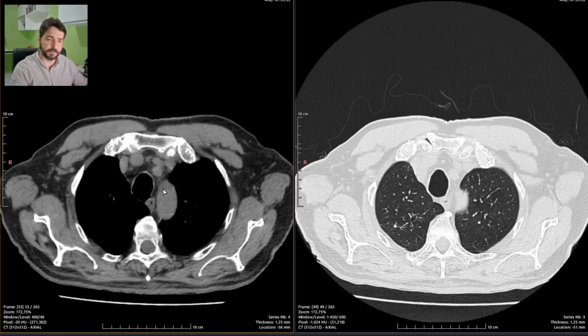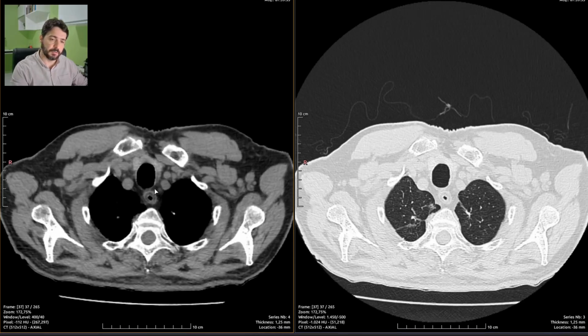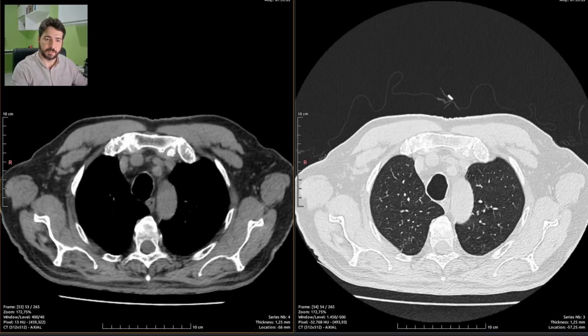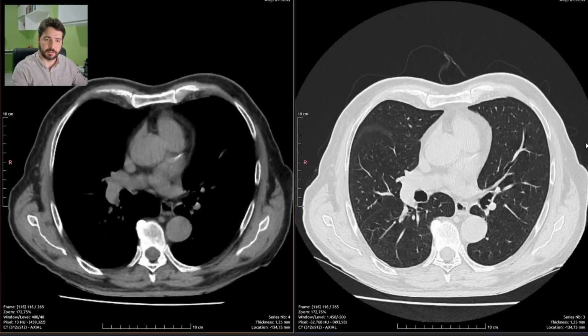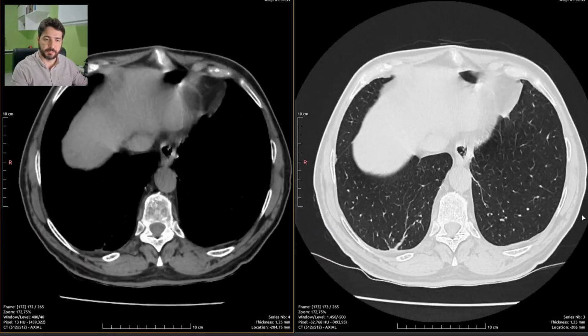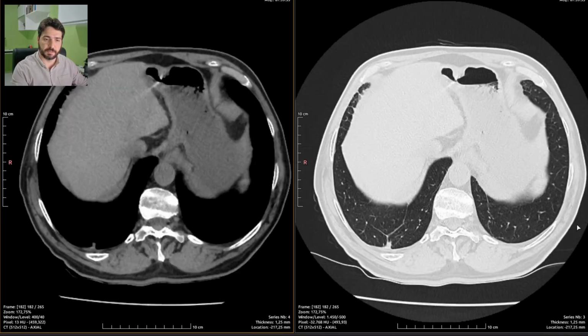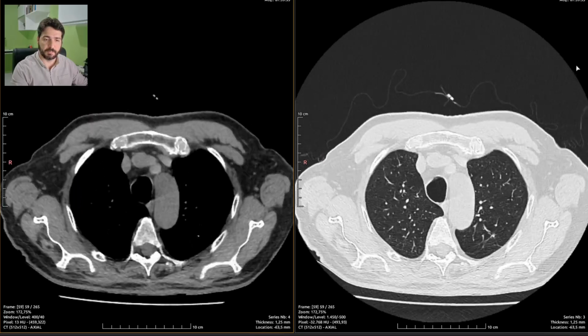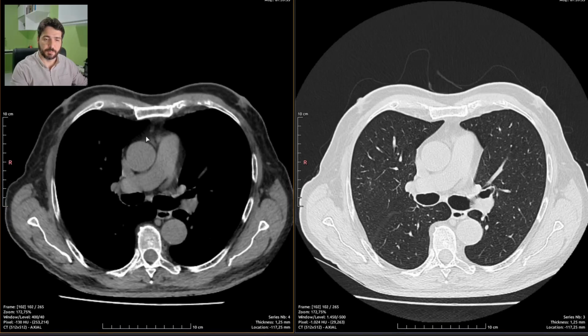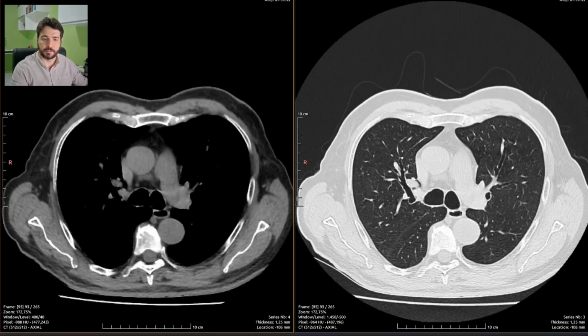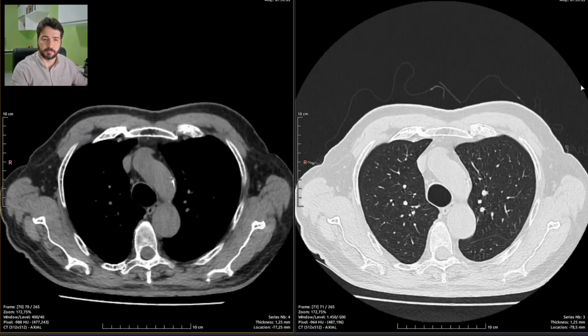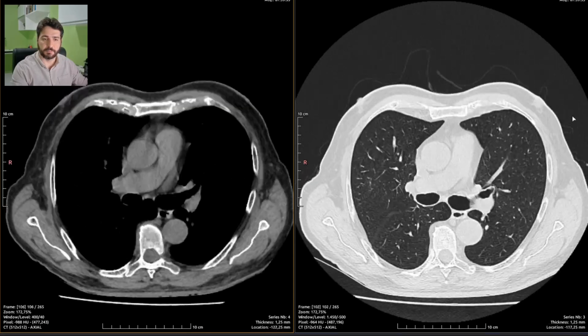Also, we have to follow the esophagus, see if we have anything suspicious about the esophagus. It seems the esophagus is quite fine. Pulmonary arteries and trunk are also fine.